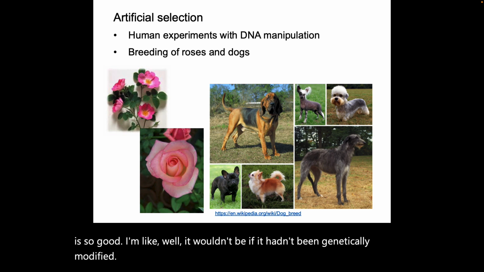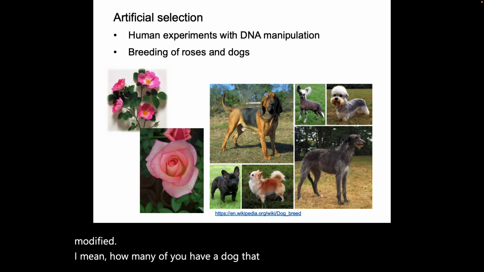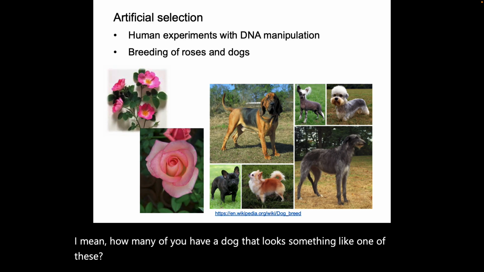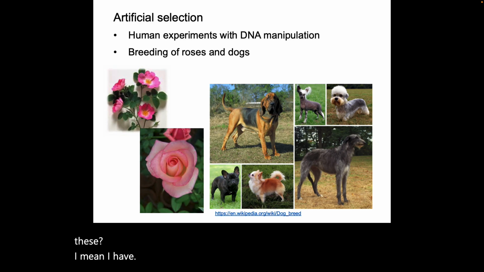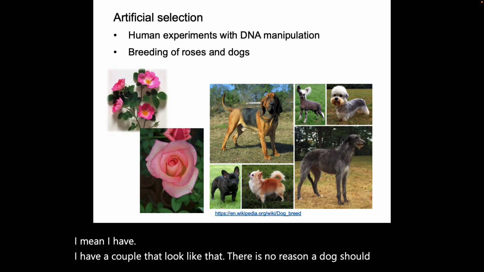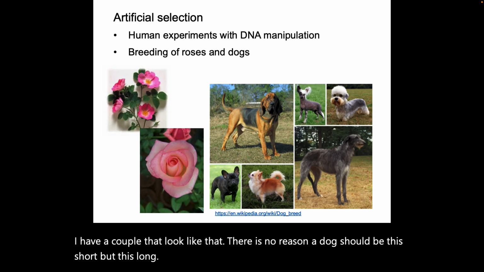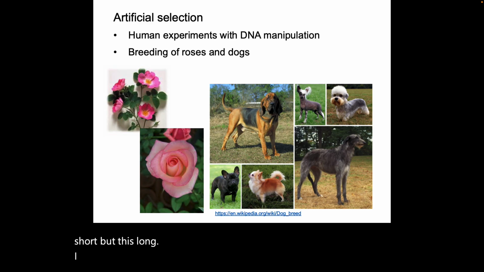I mean, how many of you have a dog that looks something like one of these? I have a couple that look like that. There's no reason a dog should be this short but this long. I mean, besides that they're so freaking cute. You know, they were bred to hunt badgers.